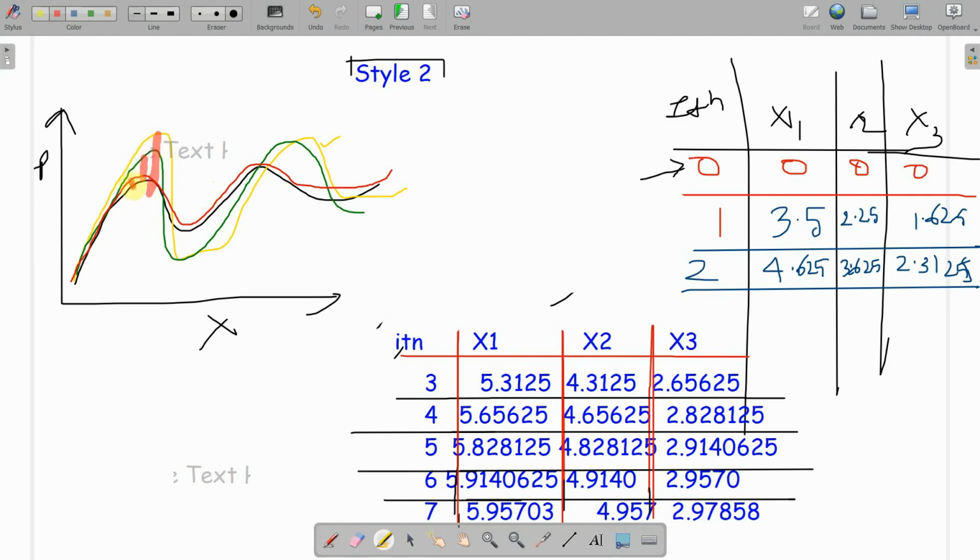Then the deviations decrease, and you are having almost near to the values. Now if you approximate these values, you will have the result like x1 value 6, x2 value 5 and x3 value 3. Or you may write this would be your answer.